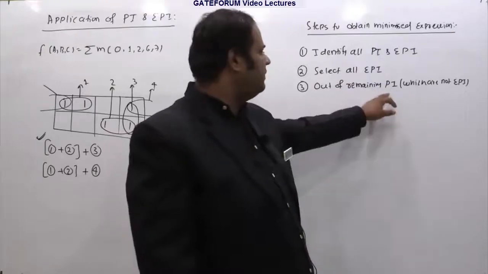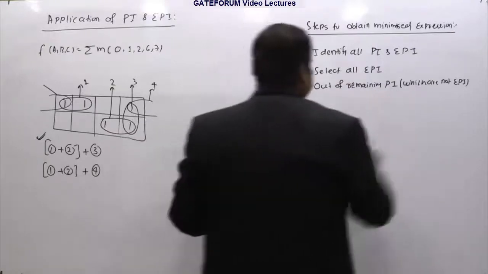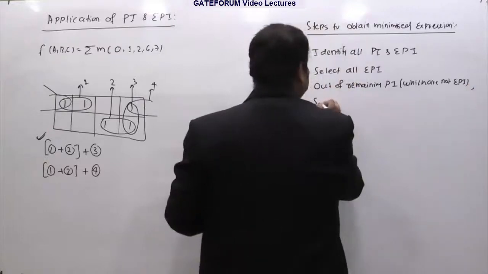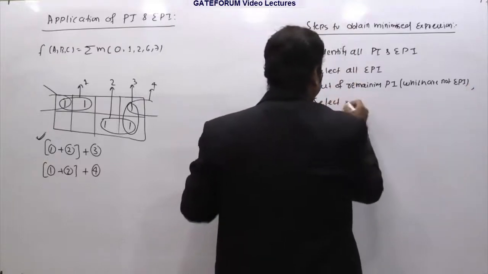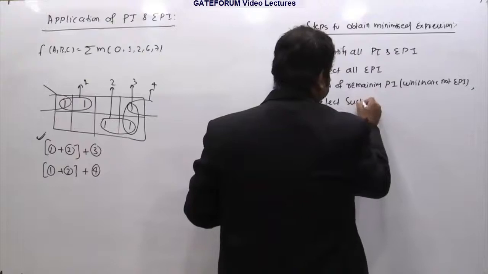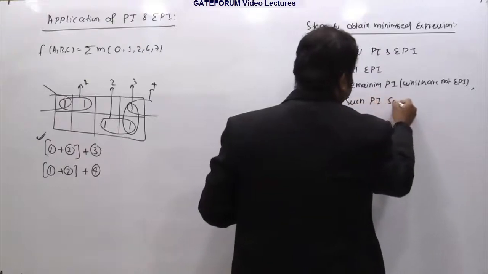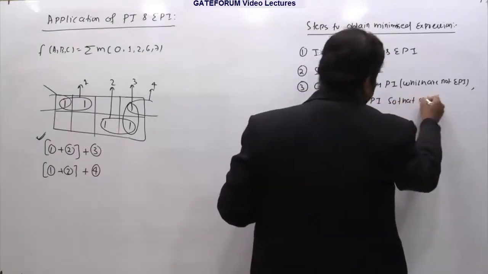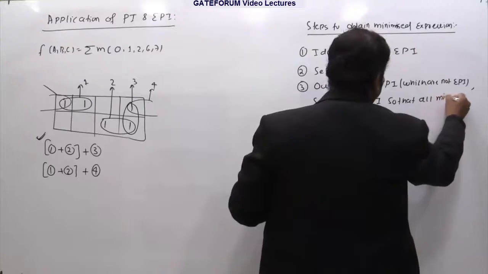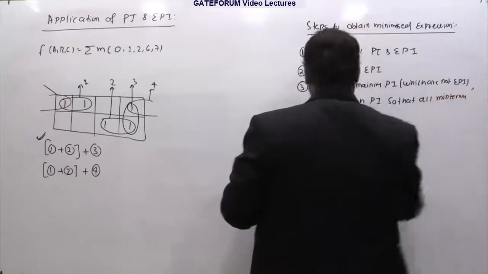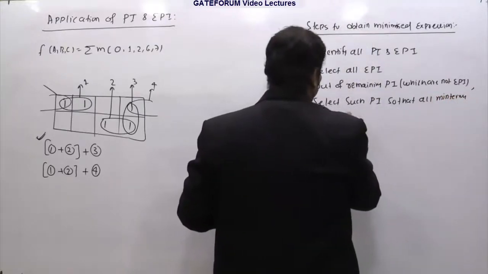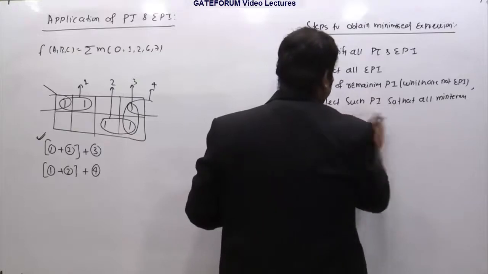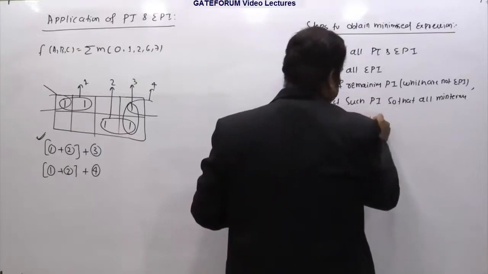So out of the remaining PI, which are not EPI, select such PIs so that all min terms will be covered or grouped, whatever you can say.